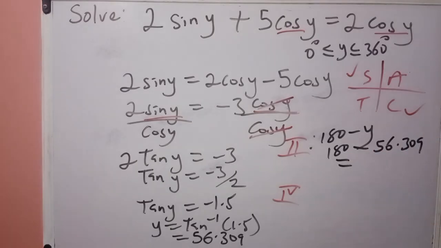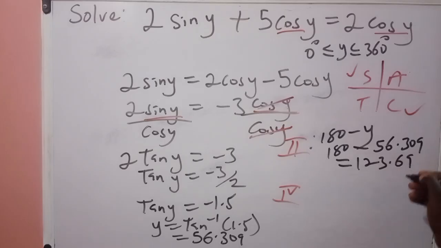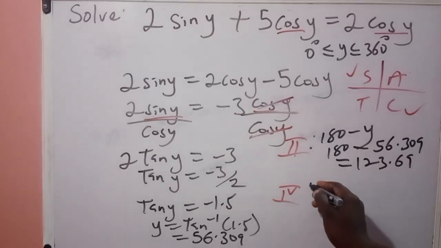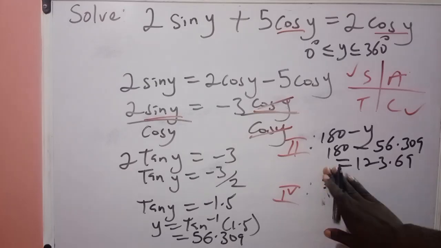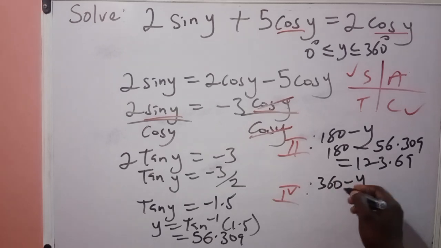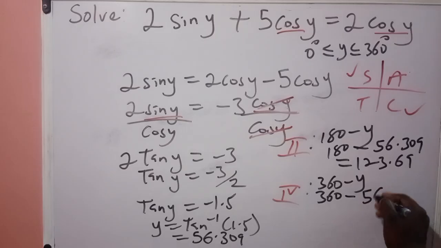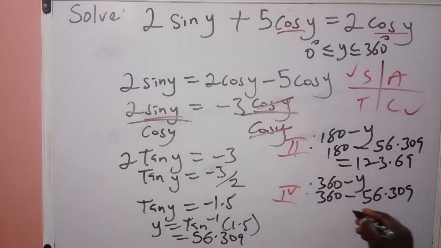That will give me a value of 123.69. While for the fourth quadrant, the rule there is 360 minus y. That will be 360 minus 56.309, which gives me a value of 303.69.